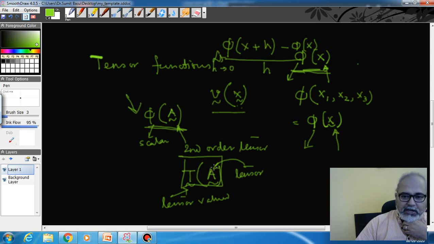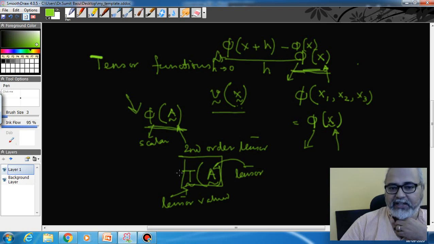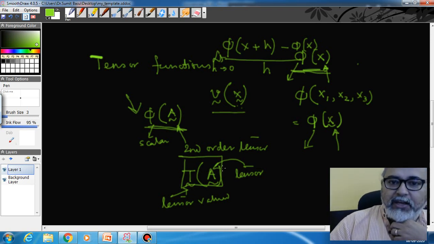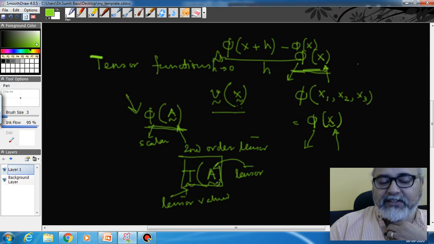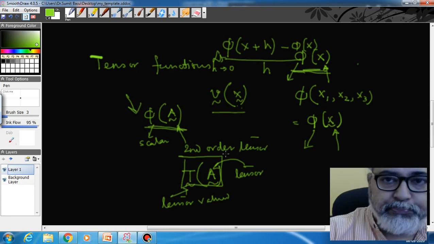So we have to answer the question, how does this t vary? What is the variation of this second order tensor t when I change the input tensor A by a little bit? That is what we are going to do in this part of the course.